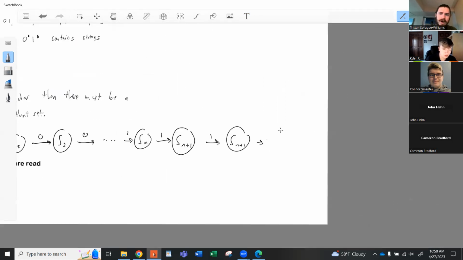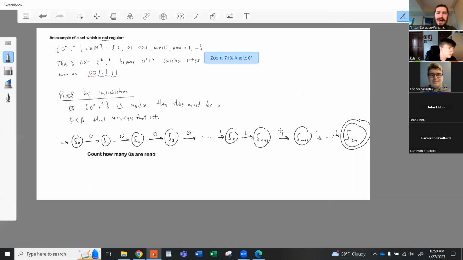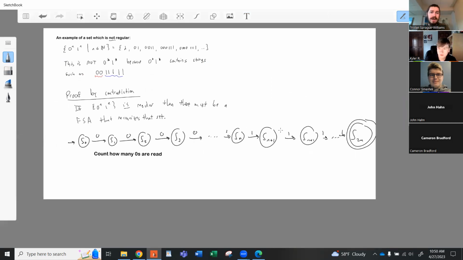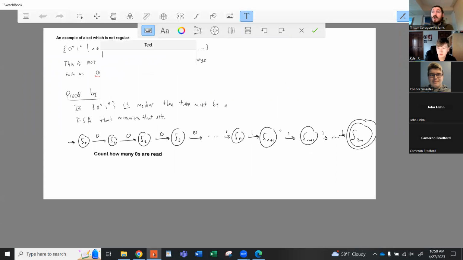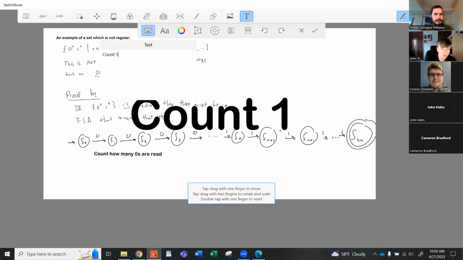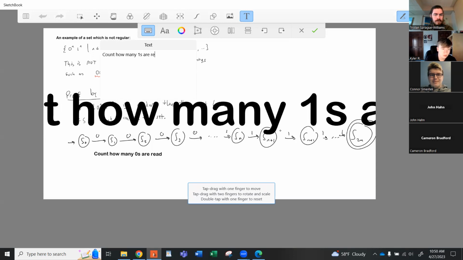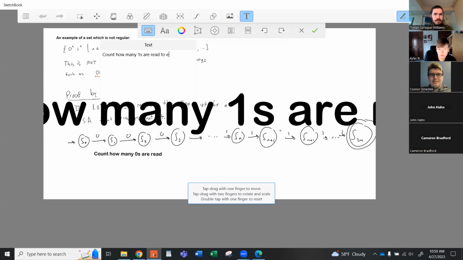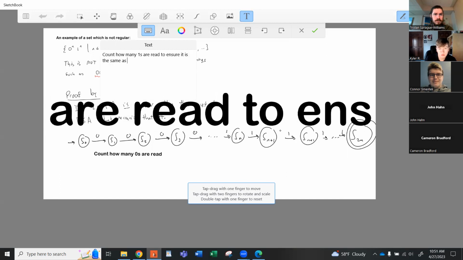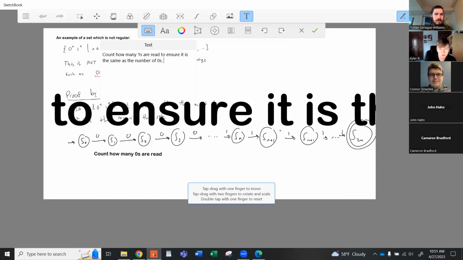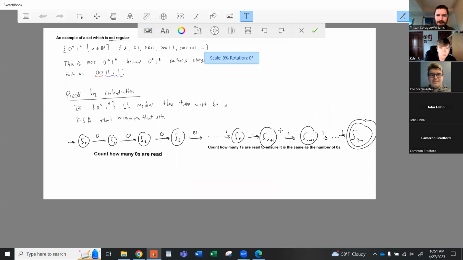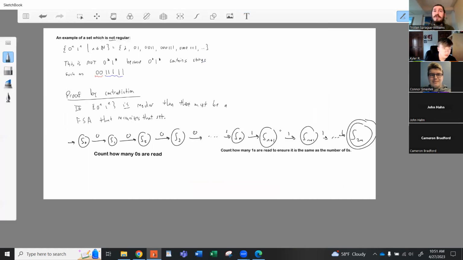And keep on reading ones until we reach some final state, where we can finally say, ah, yes, now the number of zeros which have been read is equal to the number of ones which have been read. Count how many ones are read to make sure it's the same as the number of zeros.